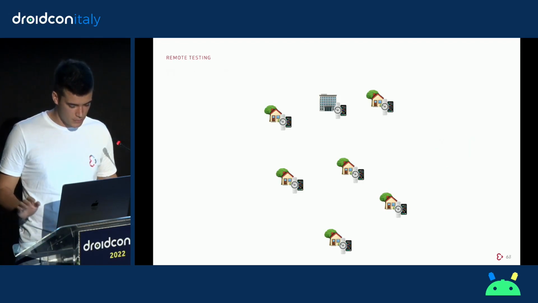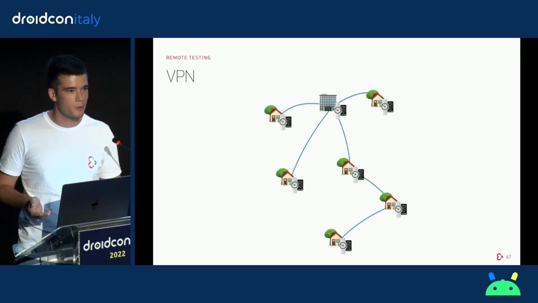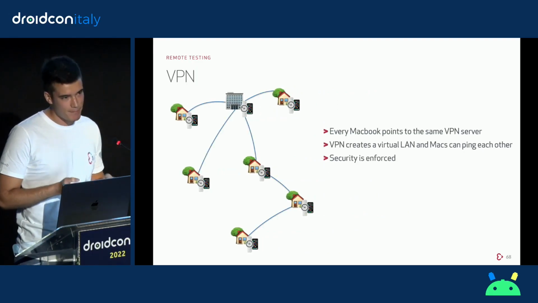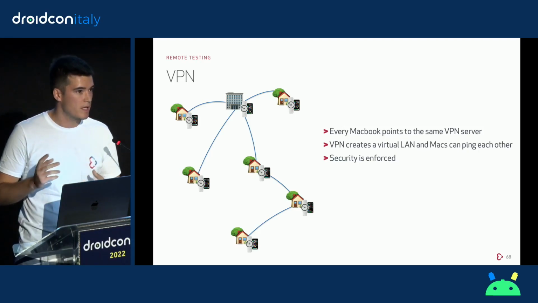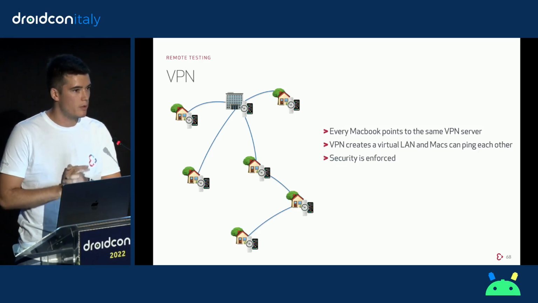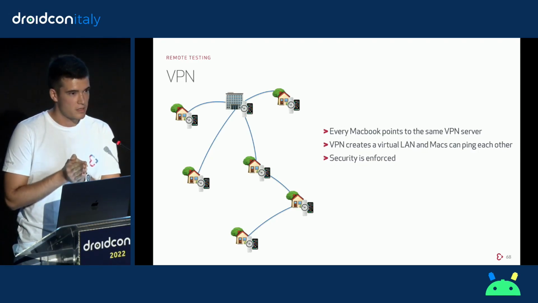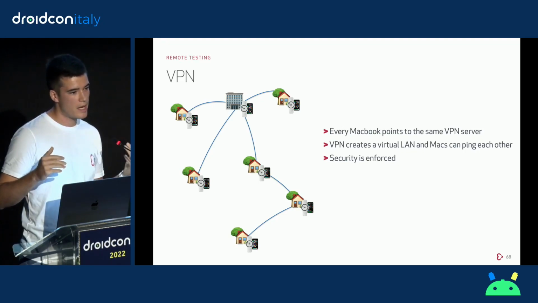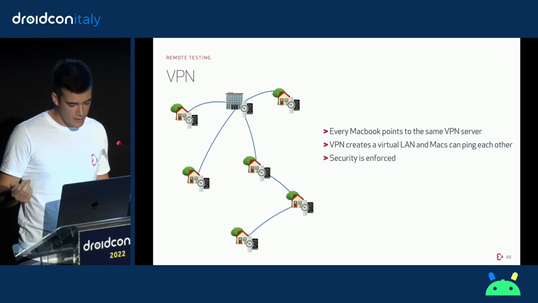First, a VPN. I think everyone here knows what a VPN is, but in general, in our case, every MacBook is connected when needed to a VPN server. Since we are connecting to a VPN server, it can create a virtual network, so each MacBook can ping another MacBook that maybe is in another part of the world.